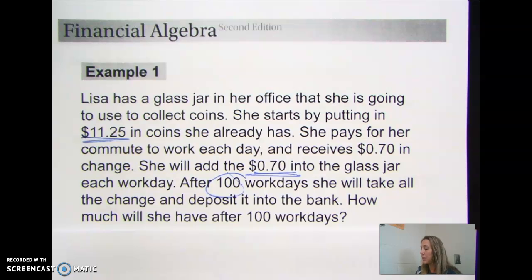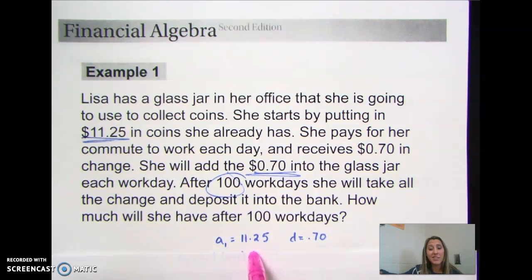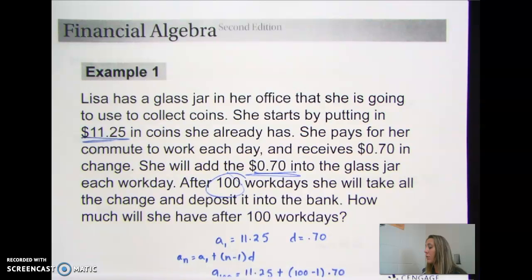So the first thing we're going to do is write what our first term is. She's starting with $11.25, and our common difference is 70 cents. She's adding 70 cents. So that is the equation that we're going to use, and then we're going to fill it out according to this particular problem.